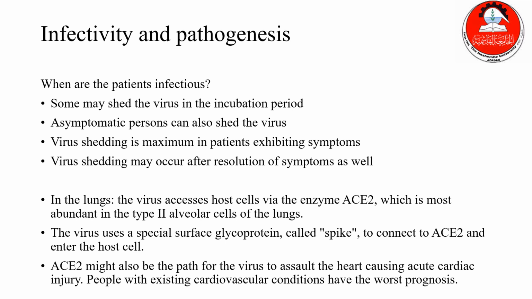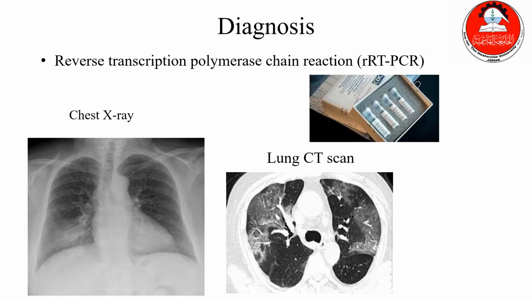The ACE2 might also be the path for the virus to assault the heart, causing acute cardiac injury. So it can target the heart muscle, and that might partially explain why those with pre-existing cardiovascular conditions have the worst prognosis and the most mortalities are recorded in those who have pre-existing cardiovascular conditions.